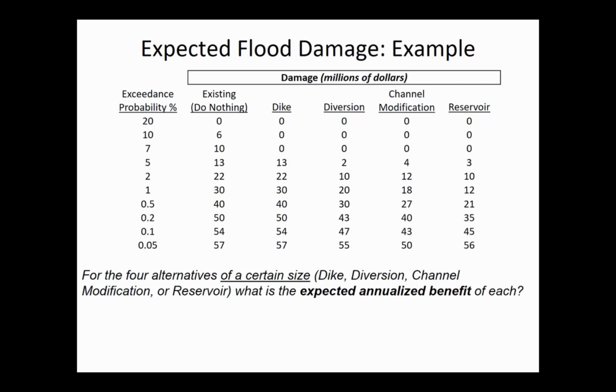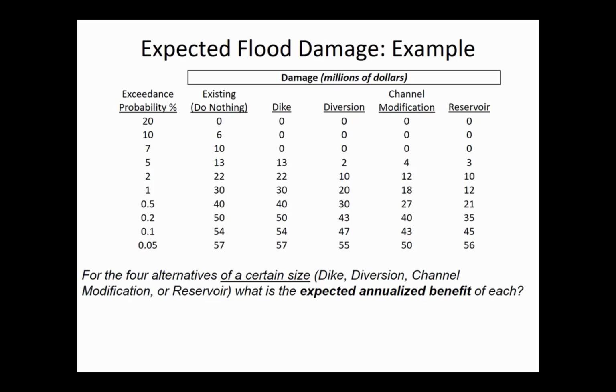The 10% probability goes along with the 10-year storm, because in any given year there's not only a 20% chance of the 5-year storm, but there's also a 10% chance of the 10-year storm. So we are exposed to all of the probabilities cumulatively. There are threats coming from every direction.